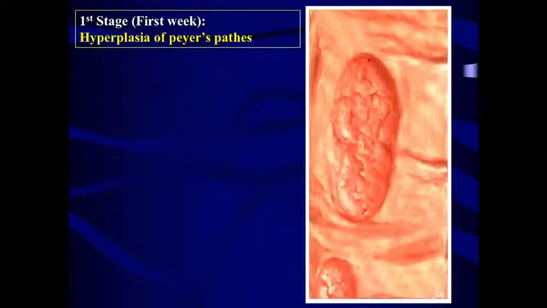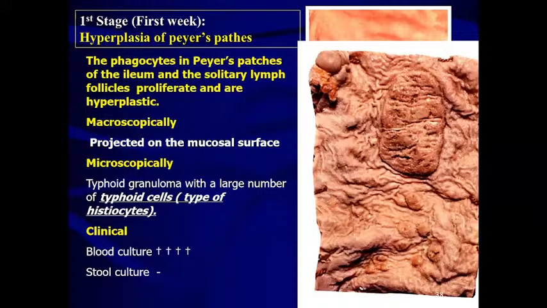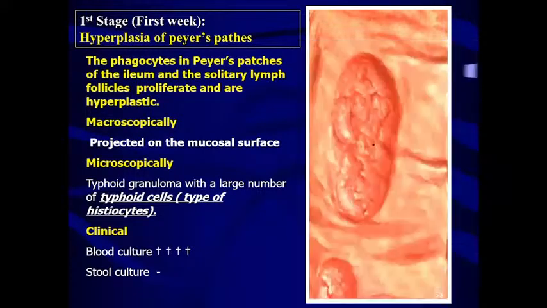You can see this longitudinal patch, which is hyperemic, edematous, and inflamed or swollen. Usually the phagocytes in the Peyer's patches of the ileum and the solitary lymphoid follicles proliferate and are hyperplastic. So these are the phagocytes within there, the histiocytes.